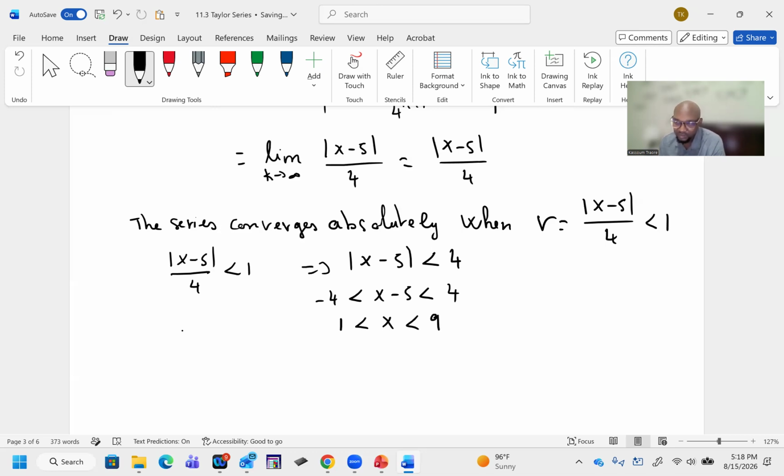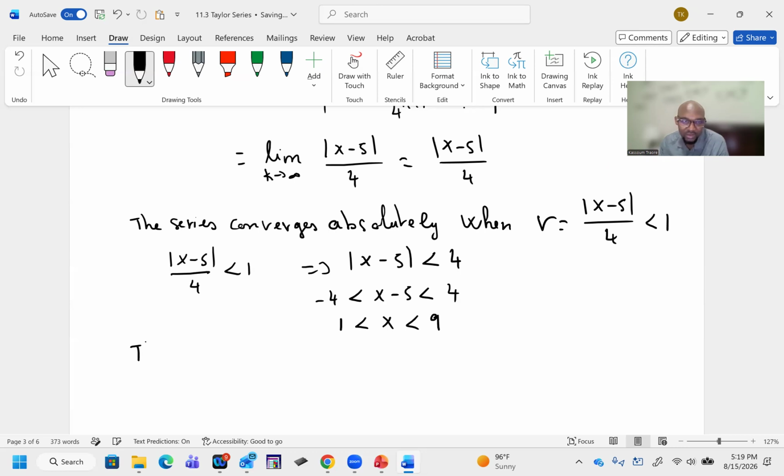So that means the series converges in between these two, right? And then we have to check the endpoints like we used to do as well.